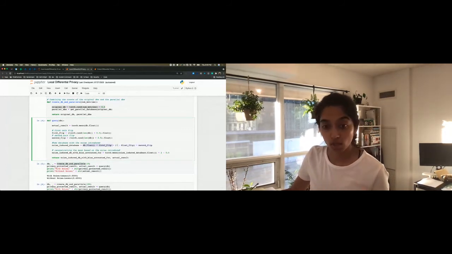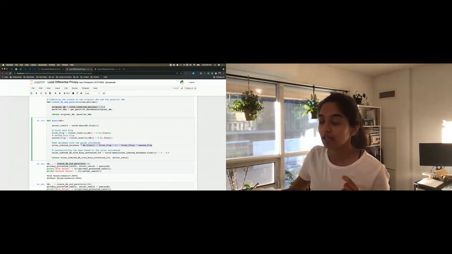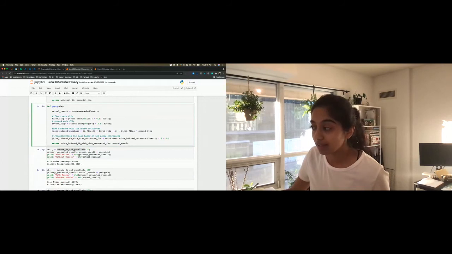If the first flip is not 1, and the second flip is 1, then this would be 0, and the second flip is actually represented in the database. So you see that the data you're manipulating is being put into the noise-induced database. And then there's the bias that you're introducing. As I mentioned before, the bias that you're introducing is actually half, right?